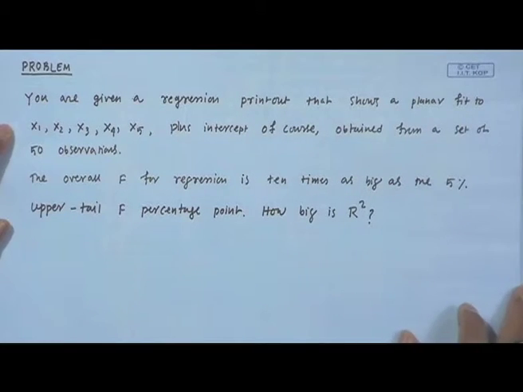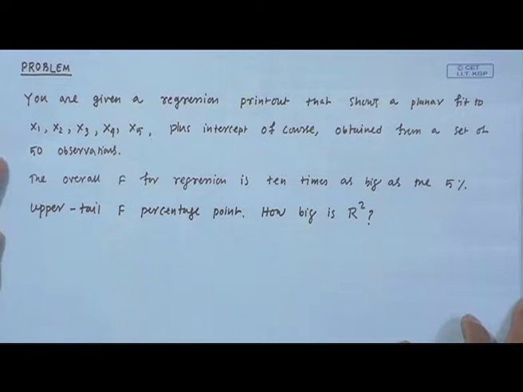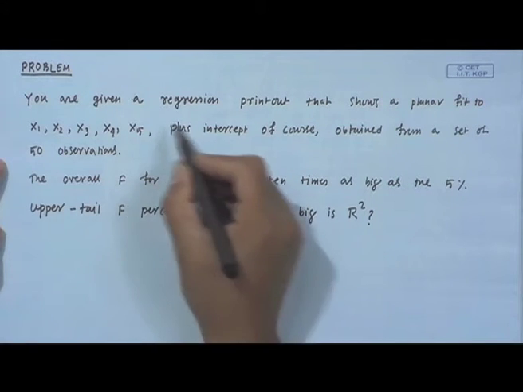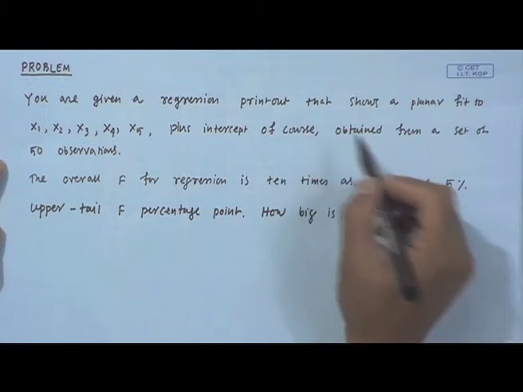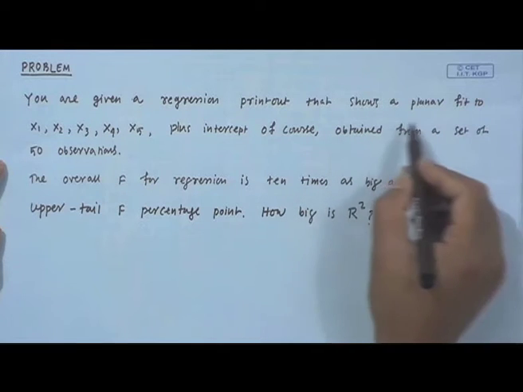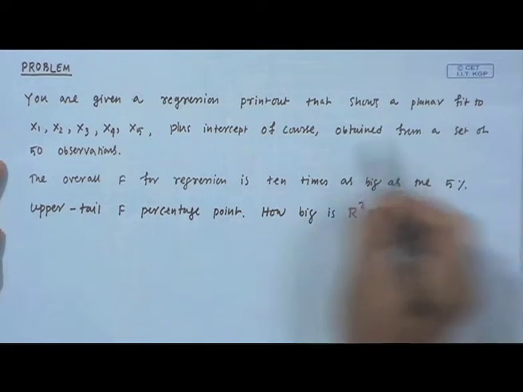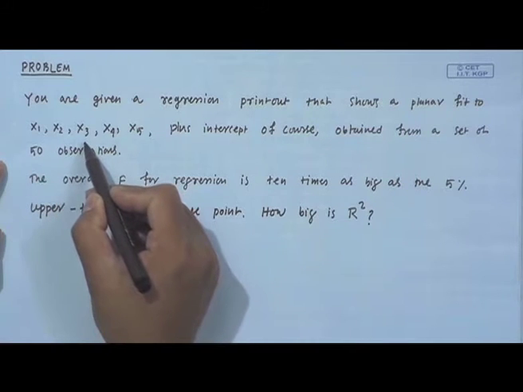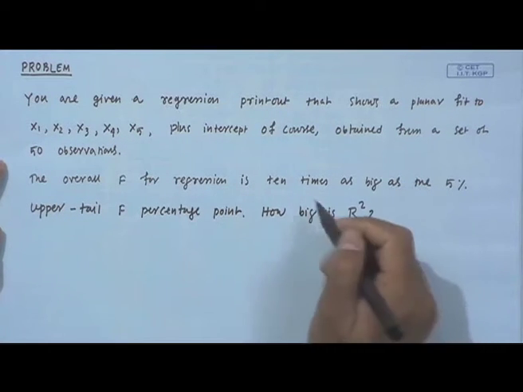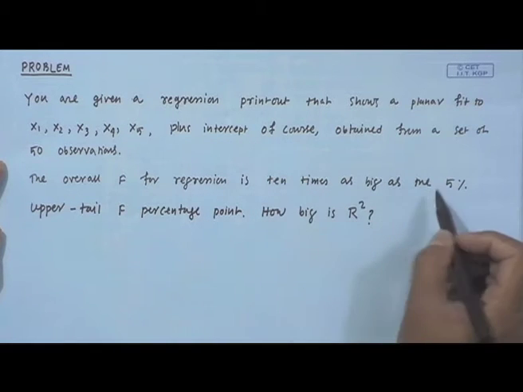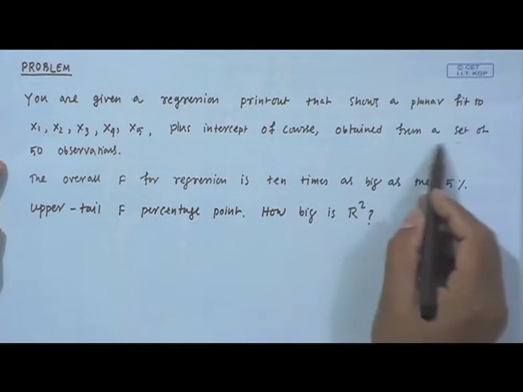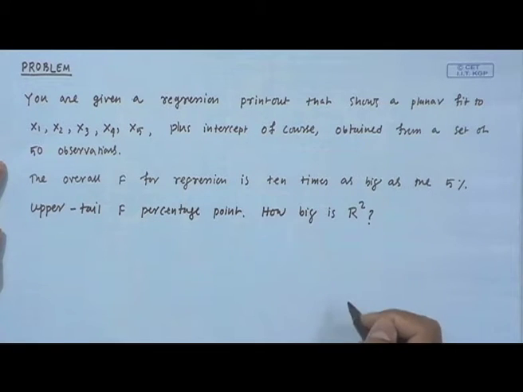Okay. So, we will consider another problem of similar type. This problem says that you are given a regression printout that shows a planar fit to x 1, x 2, x 3, x 4 and x 5 plus intercept of course, obtained from a set of 50 observations.